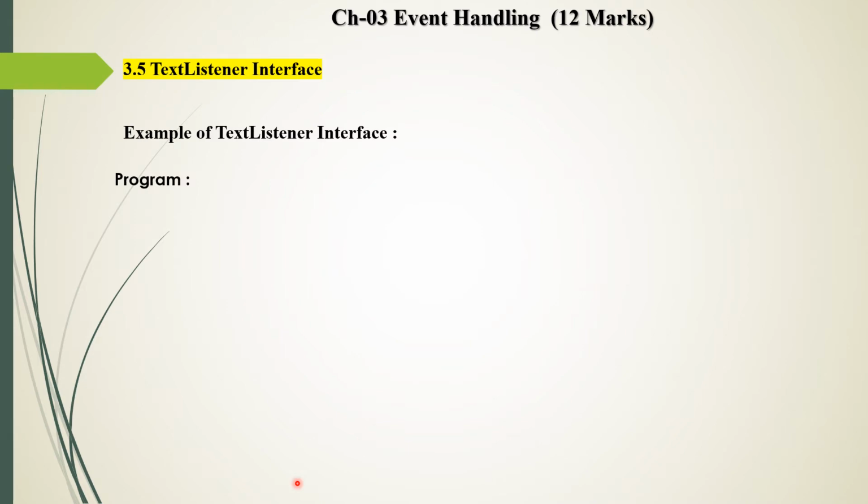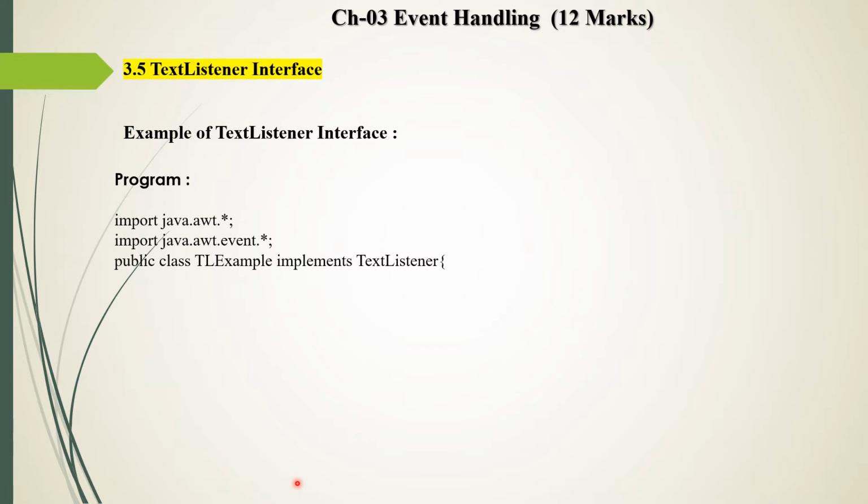So let's start the program. First we import the java.awt package. Next we import the java.awt.event package. Then we define one class. The class name is TLExample, public class TLExample, which implements TextListener.